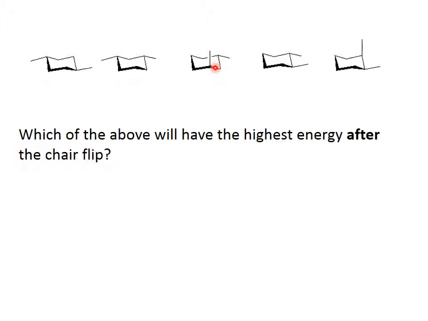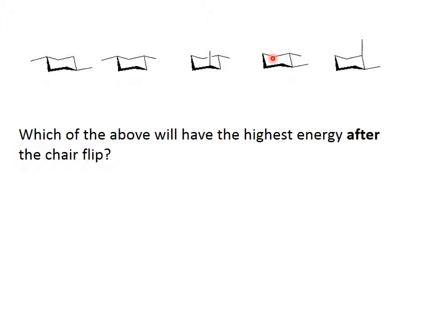This one right here goes from one axial and one equatorial, to one axial and one equatorial. Both here will become axial on a flip. And here you would have one axial and one equatorial after a flip. So of these three, those would have the highest energy after a chair flip.